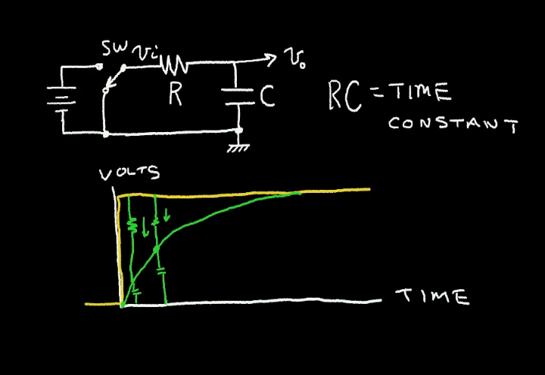Now, if we say that this unit of time, we can call this RC. So one time constant is this amount. This time over here would be another time constant, RC.